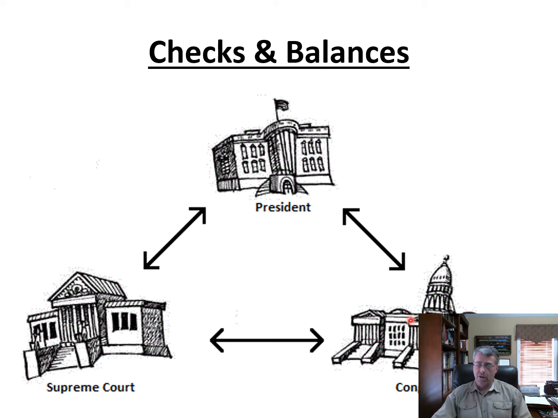So if Congress disapproves of the president's executive order, they can just refuse to provide any funding for it, and then that executive order just becomes a piece of paper on the president's desk with no real power. Or the Supreme Court can rule the president's executive order unconstitutional. Again, we see here that the system is designed to prevent any one person or group from obtaining too much power.